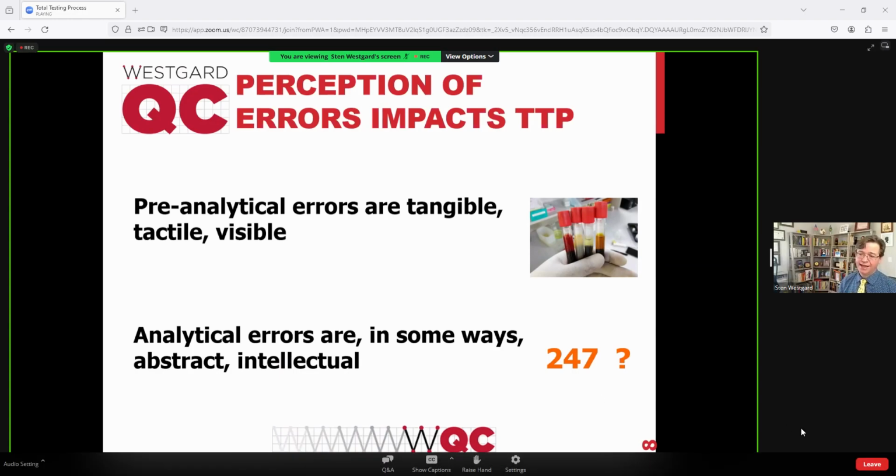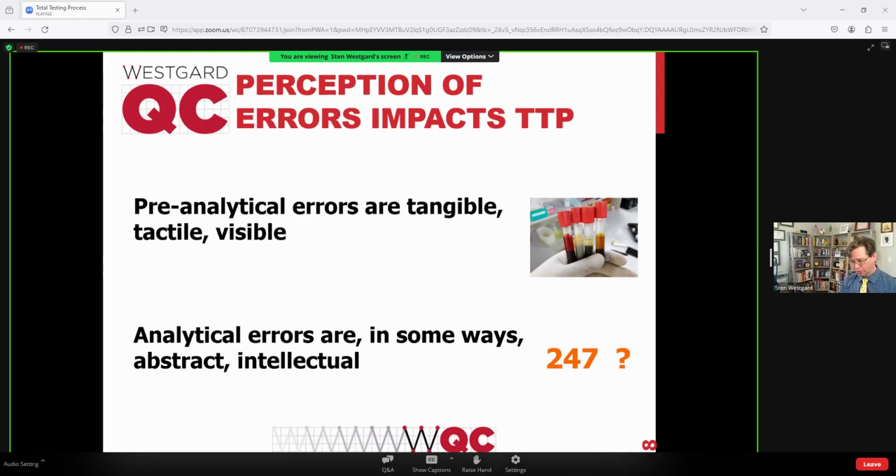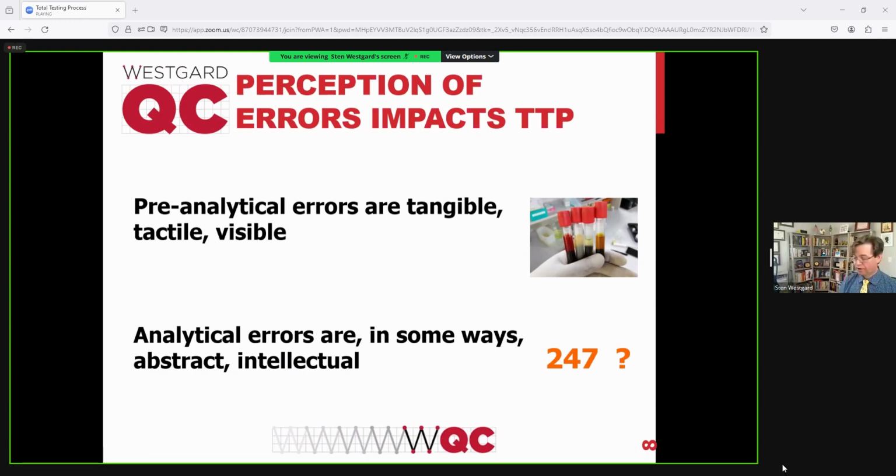On the other hand, the analytical error is almost an intellectual error. You have numbers, so the system is generating numbers, they're giving you results, but through your mental processes, you determine that the number that you see is actually the wrong number. So it's more difficult to envision what an analytical error is.